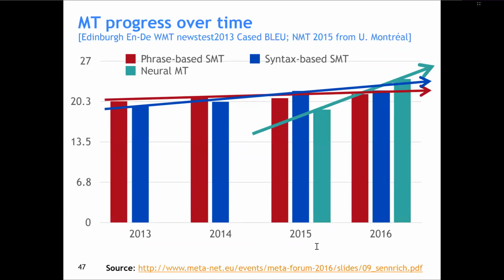Here it shows the trends of different types of systems for neural machine translation. As I mentioned in the beginning, it could be just phrase-based mapping, where you maintain a phrase-to-phrase mapping, and then syntax-based, and then neural network-based.